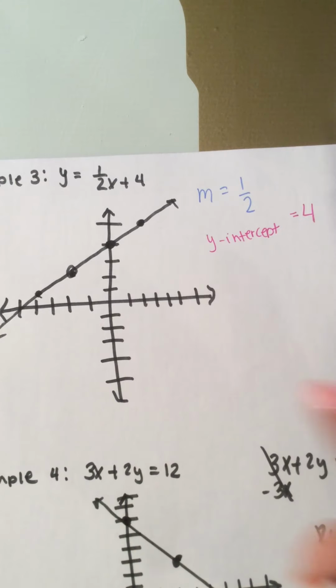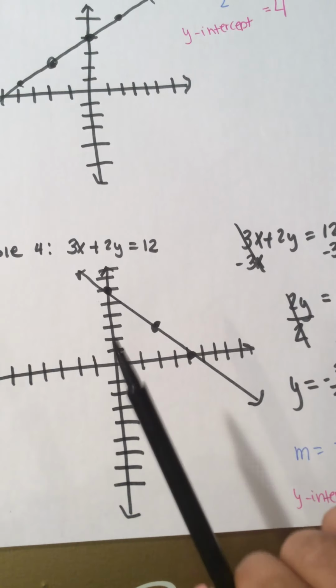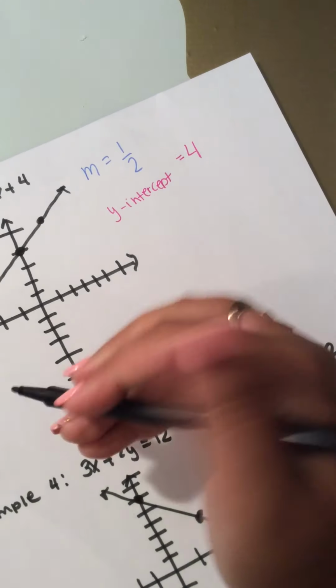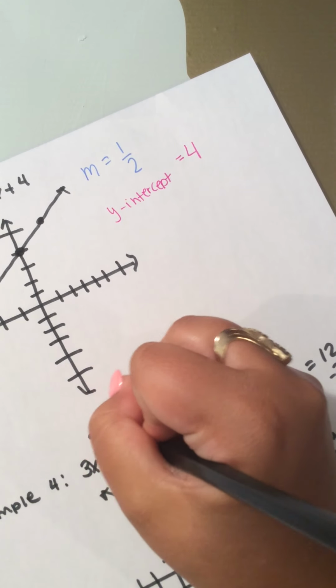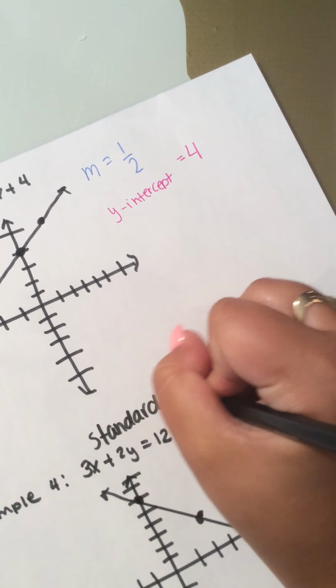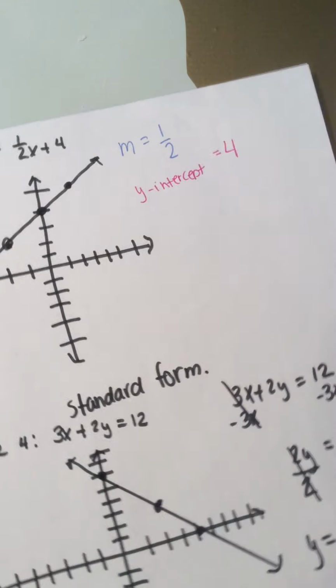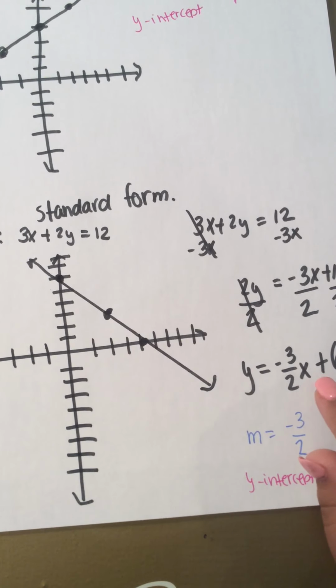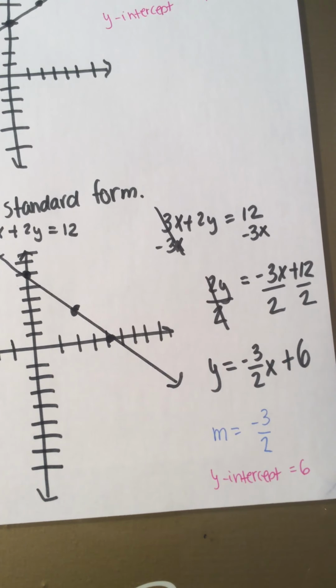It's getting bigger. If it is not in y equals mx plus b form, and it's in this form, which is actually called standard form, and I'm going to write that, you need to convert it into y equals mx plus b form. So you basically just solve for y. It's okay to have fractions. You will have fractions. We're in Algebra 2.